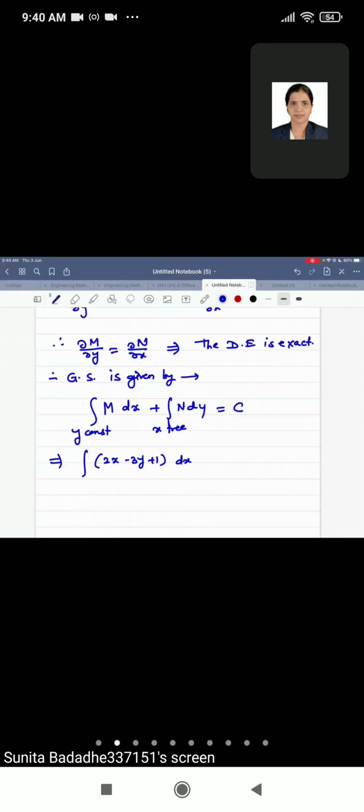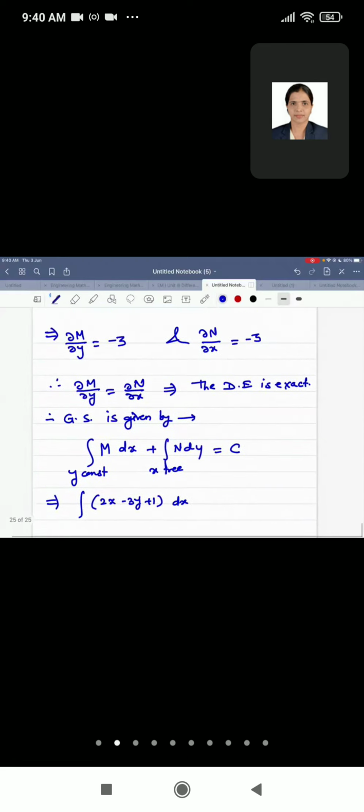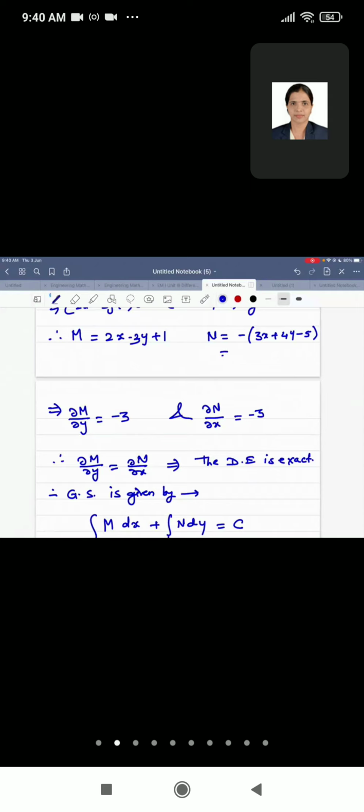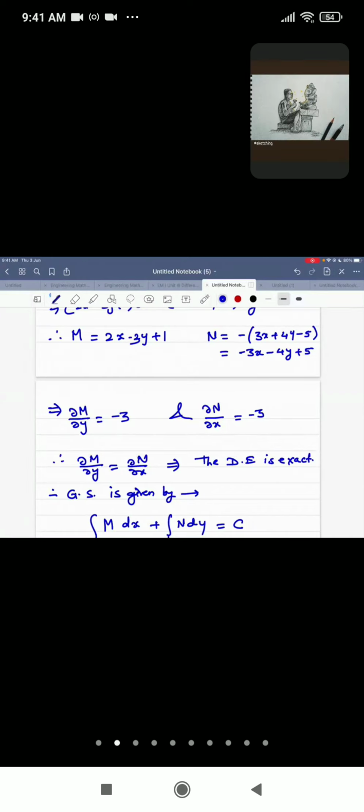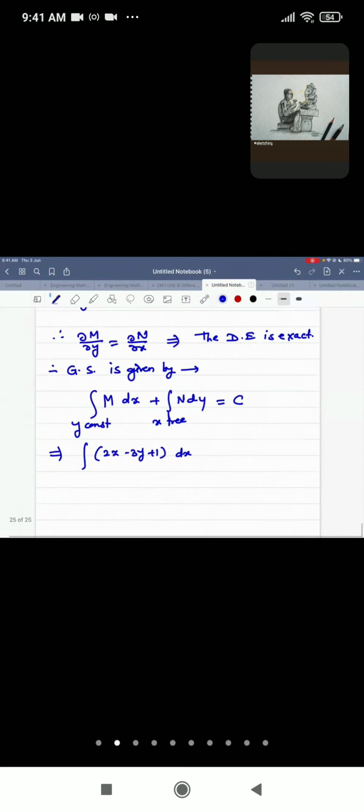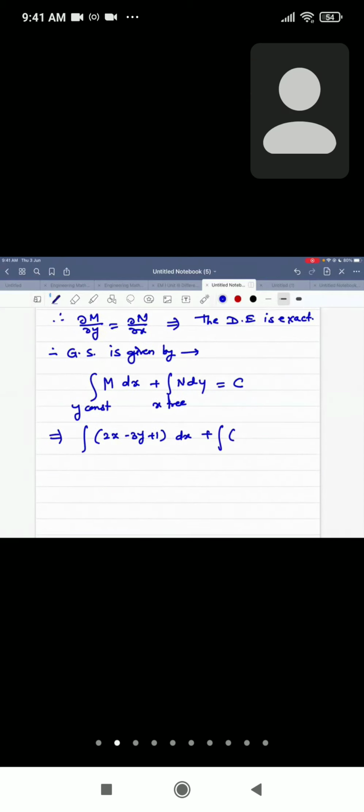And what is N? Now N is minus 3x minus 4y plus 5. I want only those terms of N which are free from x, so minus 4y and plus 5.